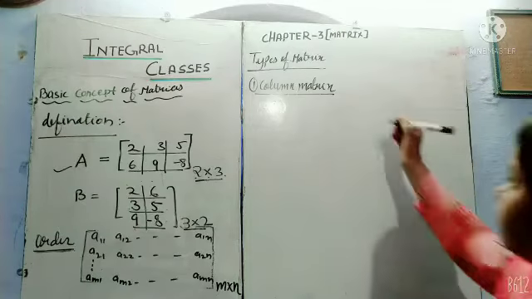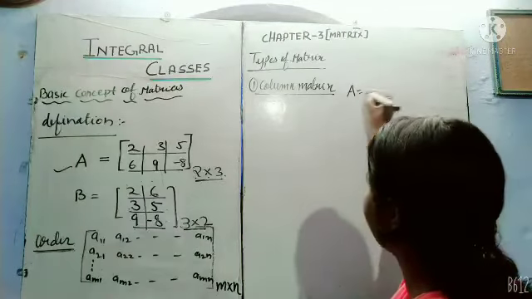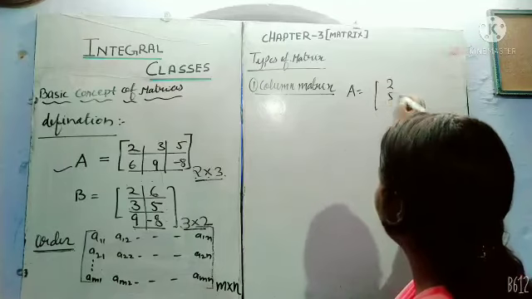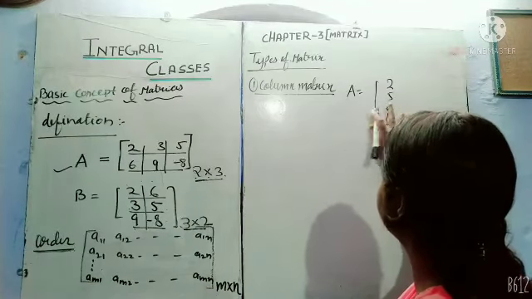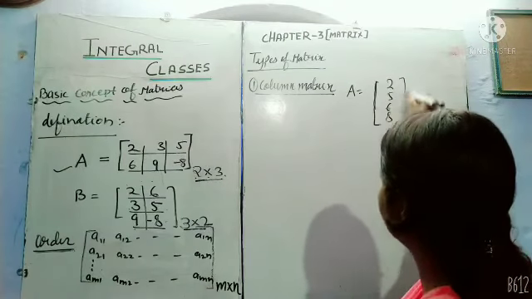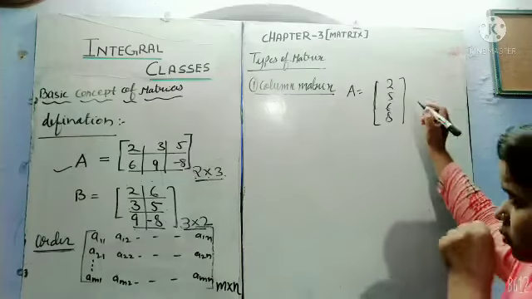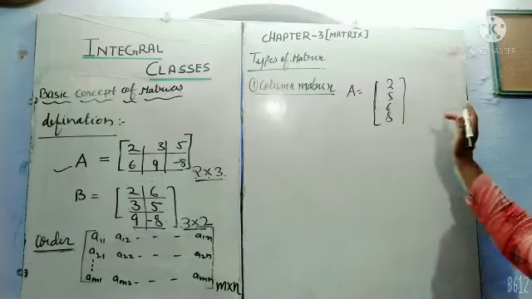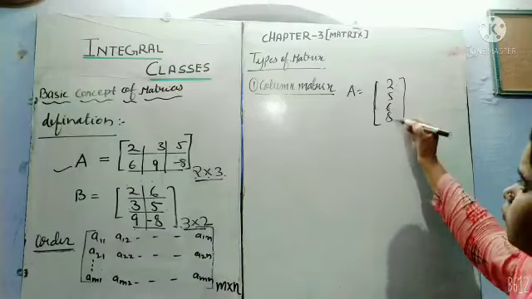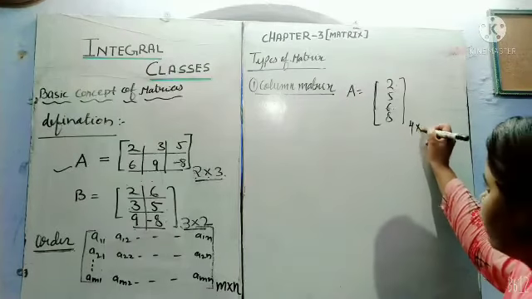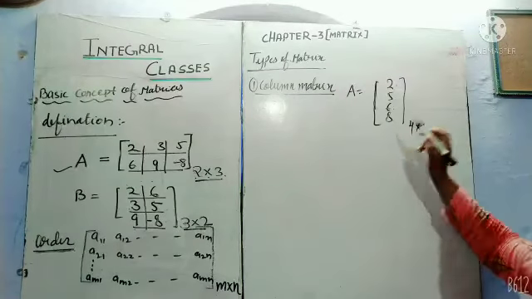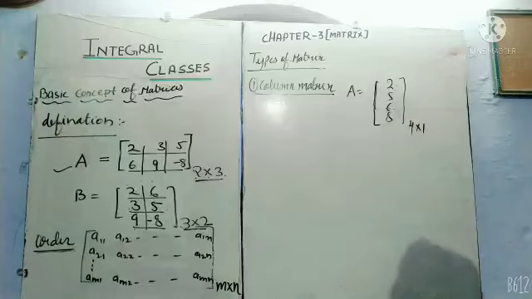It means if you write a matrix A with 2, 5, 6, 8, it contains only one column. How many rows? 1, 2, 3, 4. So 4 rows and 1 column. This is called a column matrix.